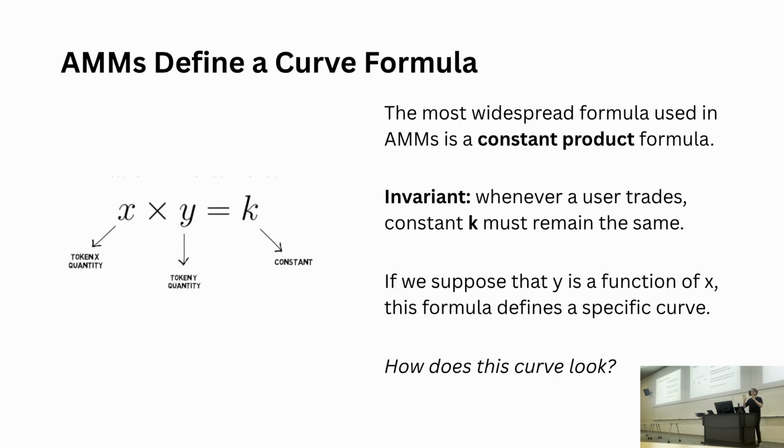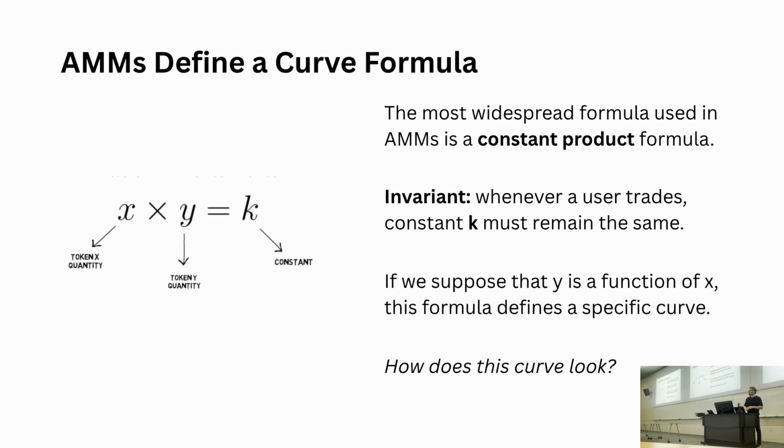All right, now to math. Surprisingly, this is all the math that you need to understand an AMM. The underlying formula for the AMM literally has two variables.